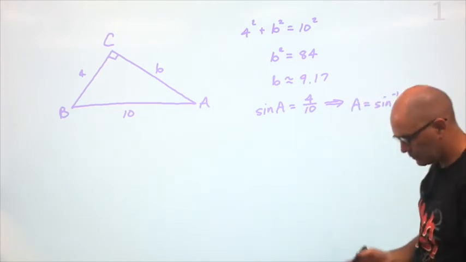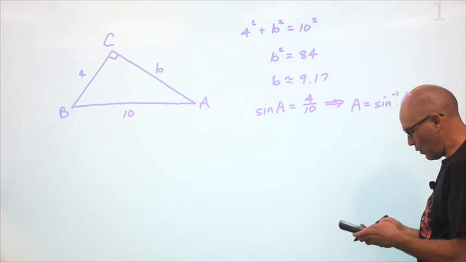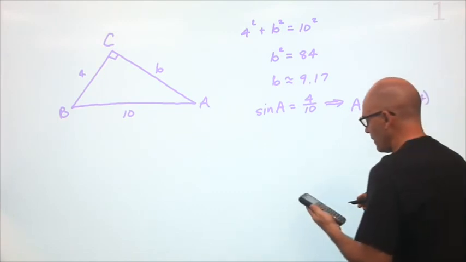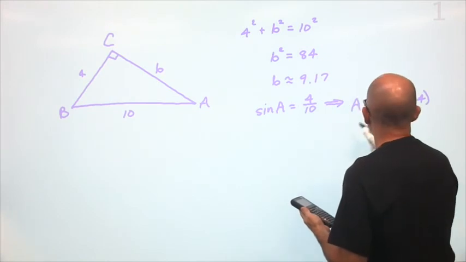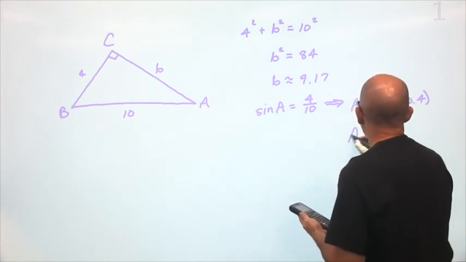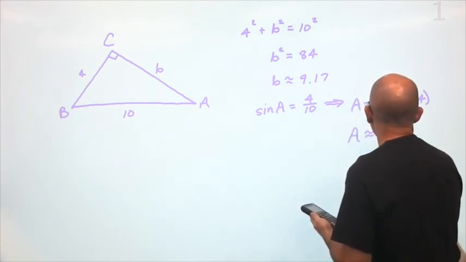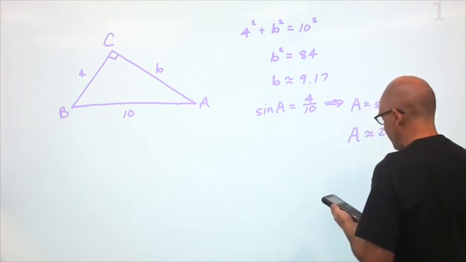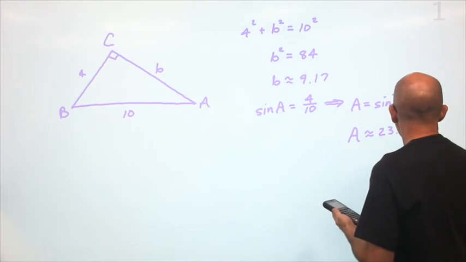So 0.4, arcsine, 23.578. So angle A is approximately 23.58 degrees.